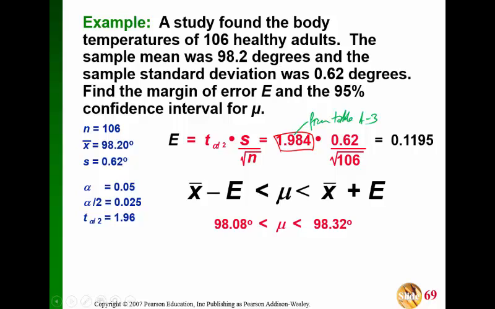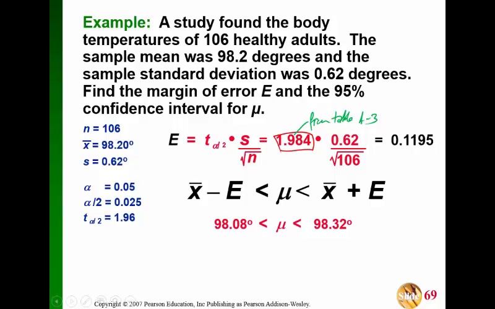You get something that's a little bit less than the 0.12 that we had before. We had 0.12 before, right? Now this is refining it a little bit so we get a little bit more precise value. And then the answers are almost the same. If you remember back, we got 98.08, 98.32. It is the same, huh?